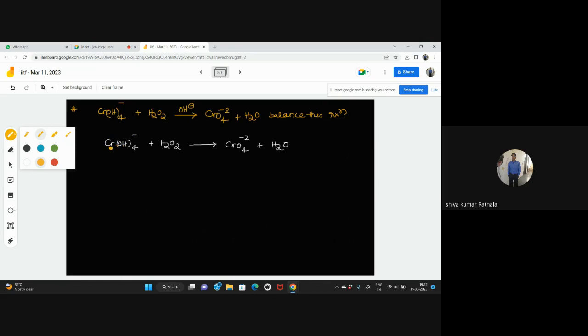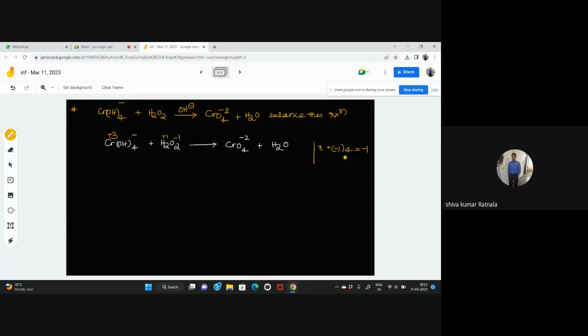Here, what charge can we get? In Cr(OH)4 minus, chromium is X, and OH minus is minus 1 into 4, equal to minus 1. That means we are getting plus 3 here, and oxygen we get minus 1 because it is a peroxide.